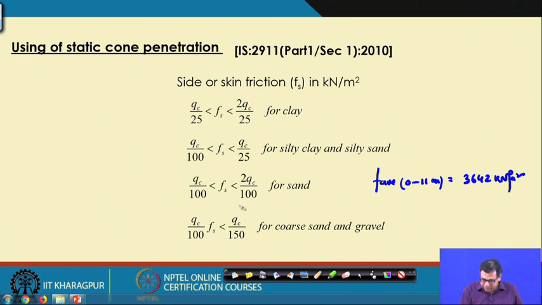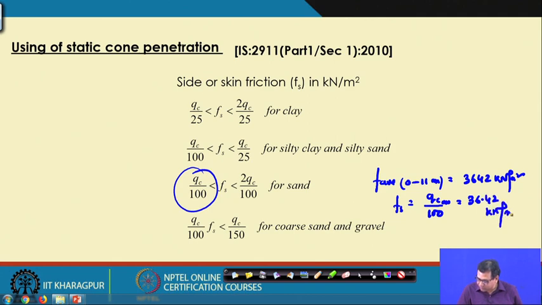Since this is in sand, you can take this range: Fs you can write as QC divided by 100, average. So, this will be 36.42 kilonewton per meter square.